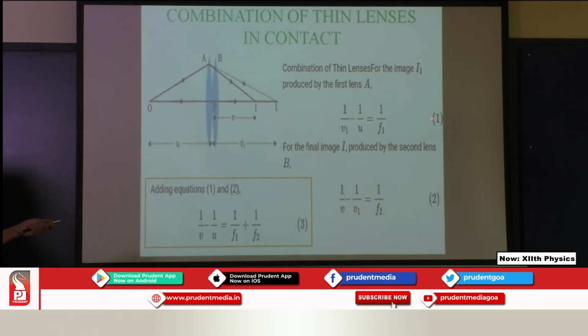Now, let us add equation 1 and equation 2. What do we see? I can cancel out the minus 1 upon v1 with 1 upon v1. So, what remains is 1 by v minus 1 by u equals, adding the other side, 1 upon f1 plus 1 upon f2.